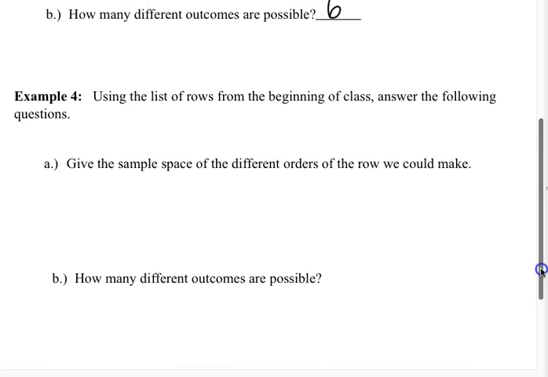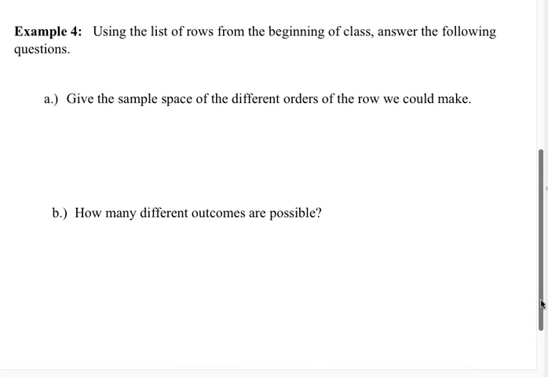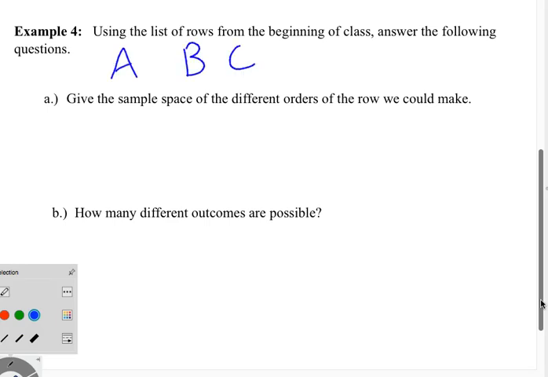All right, we did not do a list of rows from the beginning of class, but we can just talk about this in general terms. Let's say that we have 3 students, student A, student B, and student C. And we need to give the sample space of all the different orders that we could put those 3 students in. My way of thinking, I like to think, okay, what if I put A first?